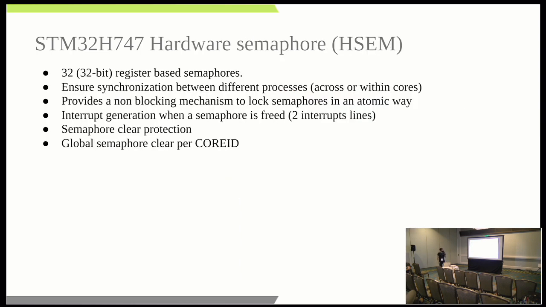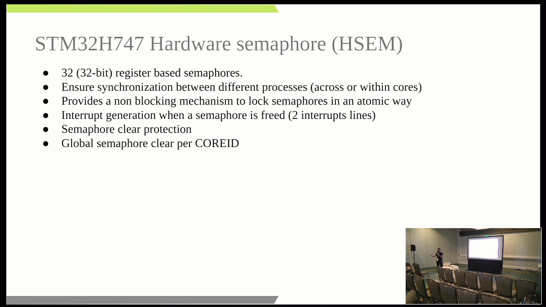So the next IP, which is important to handle dual cores, is the hardware semaphore IP. It is made of 32 registers of 32 bits of semaphore.